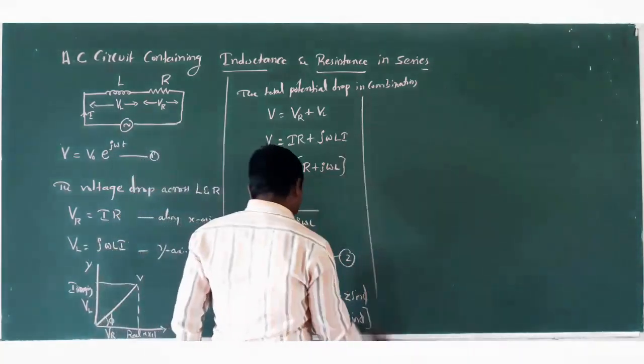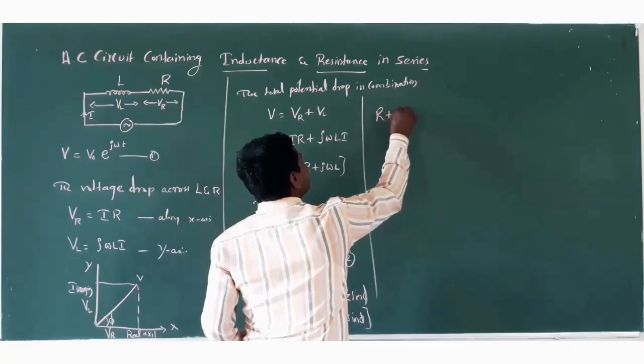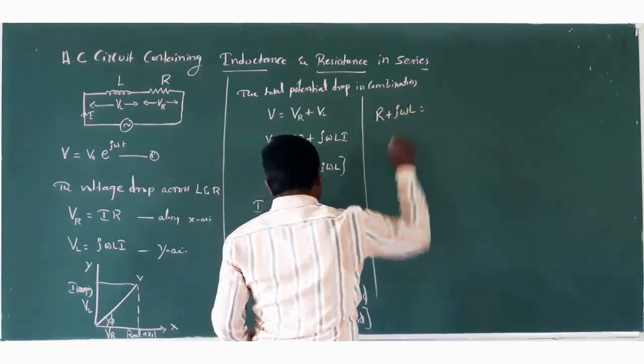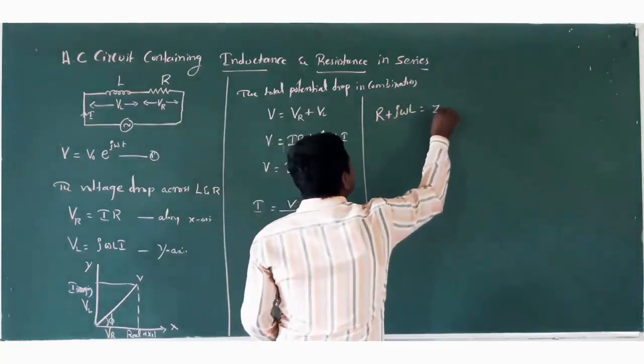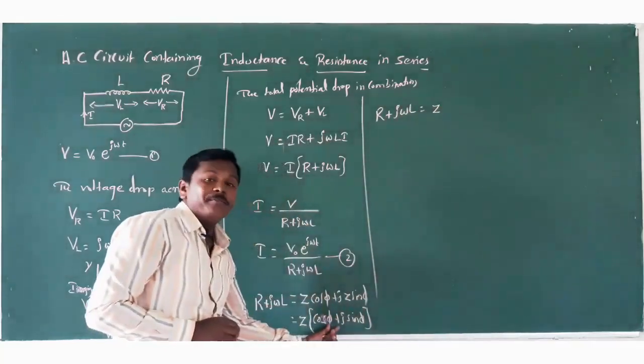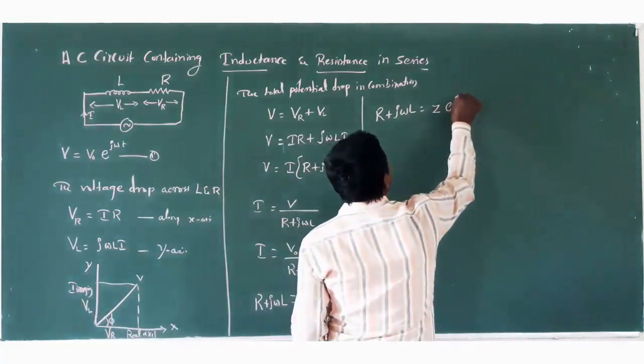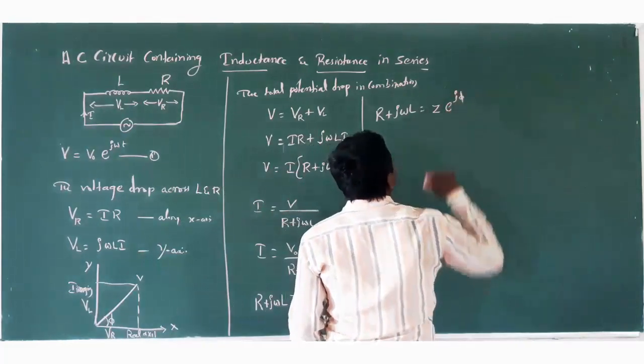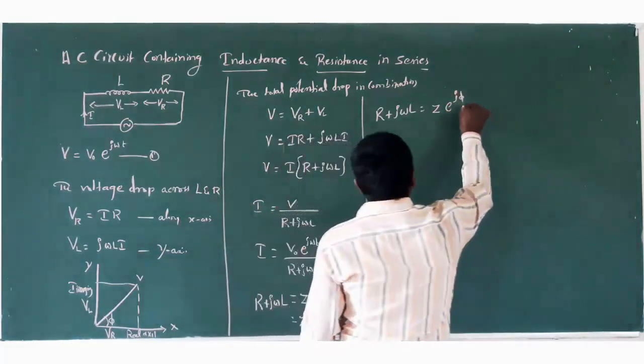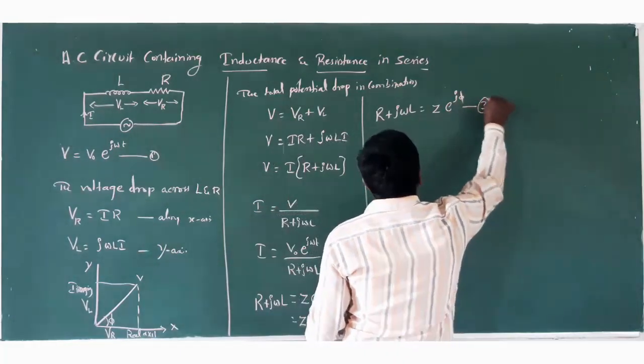Now R plus j omega L can also be written as Z, and we know that cos phi plus j into sin phi can be written as e raised to j phi. Let us consider this as equation number 3.